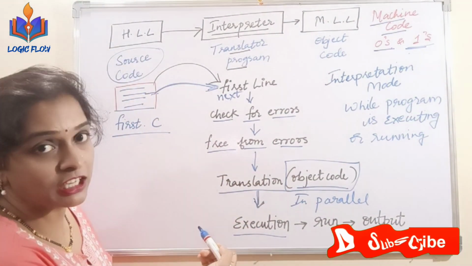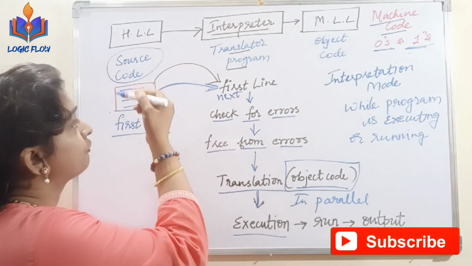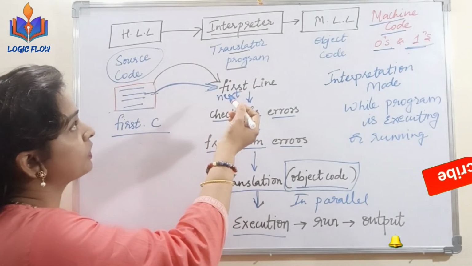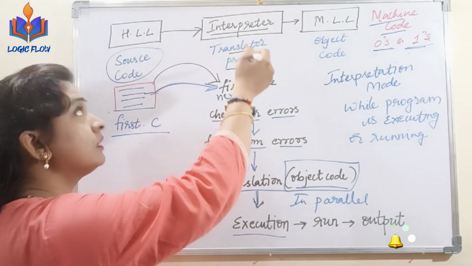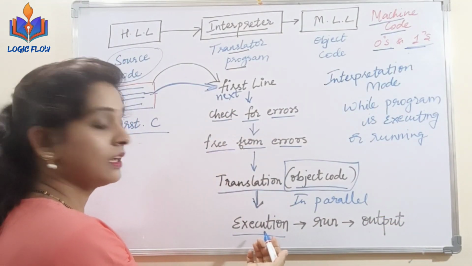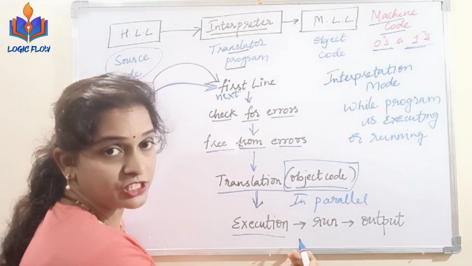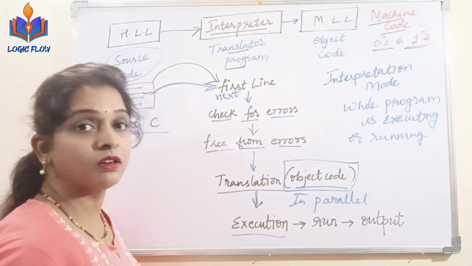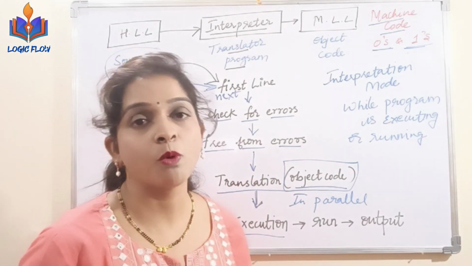It is line by line interpretation. I have to fetch every line in my program, which means I have to load the interpreter and the source code also. Then do the translation and then execution. So here it is taking more time.